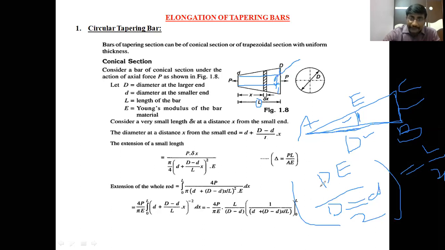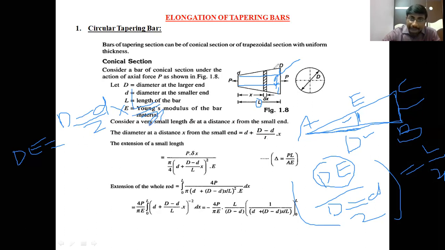From this, we can find DE. DE is equal to capital D minus small d by 2, into L by X. Clear?